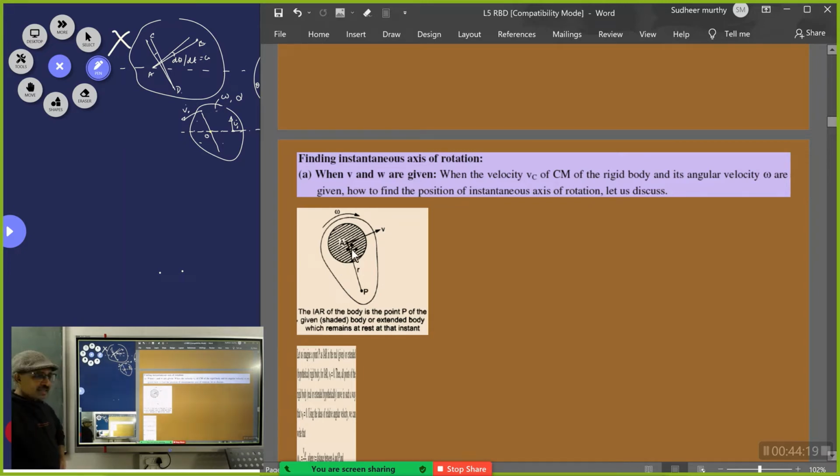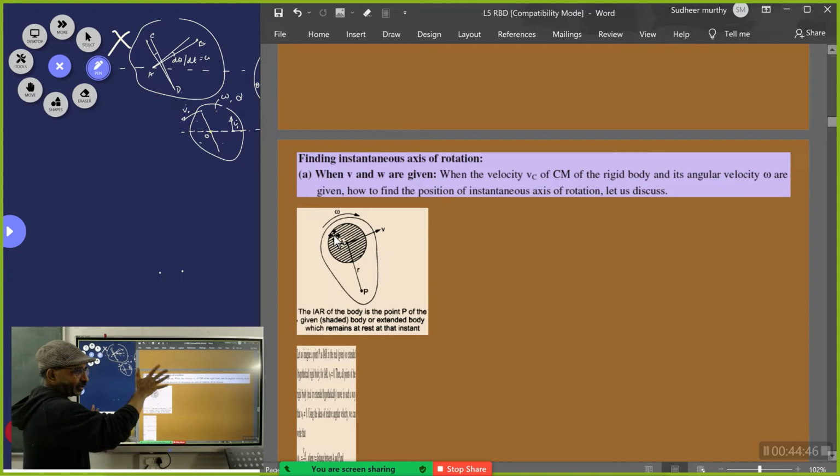The center of mass of this body is at A. At a particular instant of time, the velocity vector associated with the center of mass is V bar, and this whole body itself is having a rotation omega.